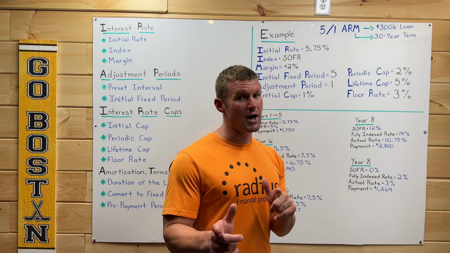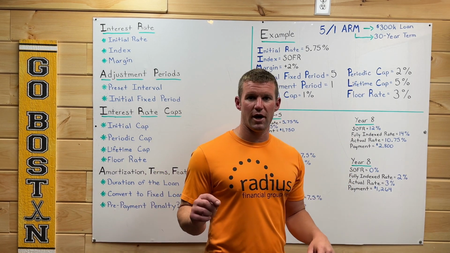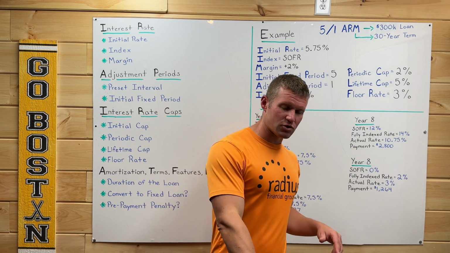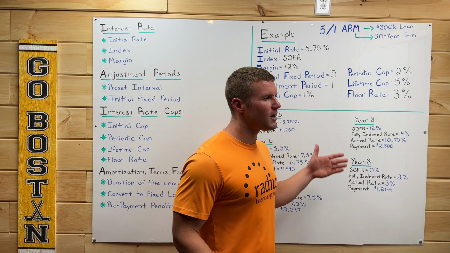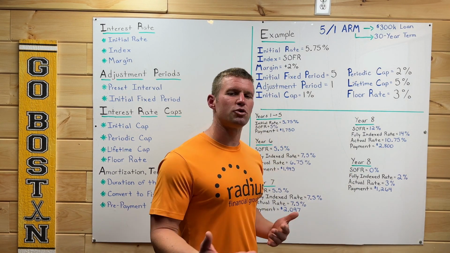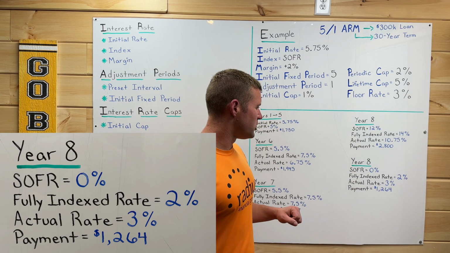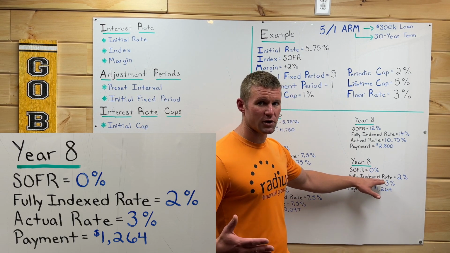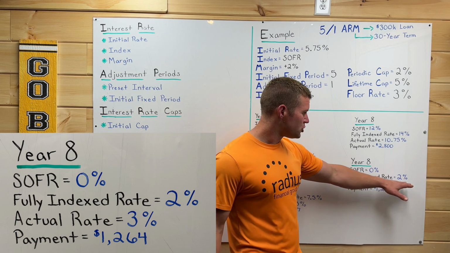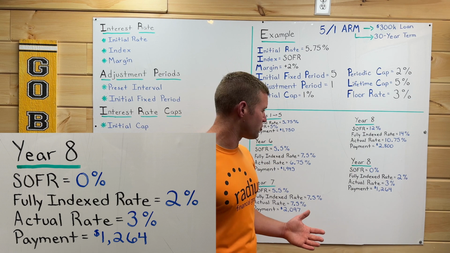Now let's talk about the exact opposite. Let's say in year 8, interest rates absolutely plummet, and the SOFR is all the way down at 0%. Again, these two are extreme examples, but I'm trying to prove a point here. So our fully indexed rate, 0 plus the margin of 2%, should be 2%, so we should be paying a very, very low interest rate.